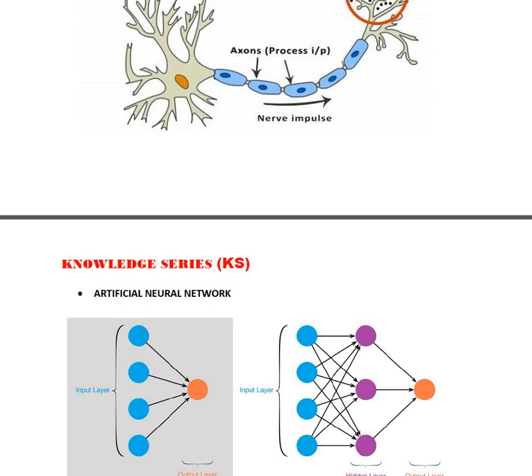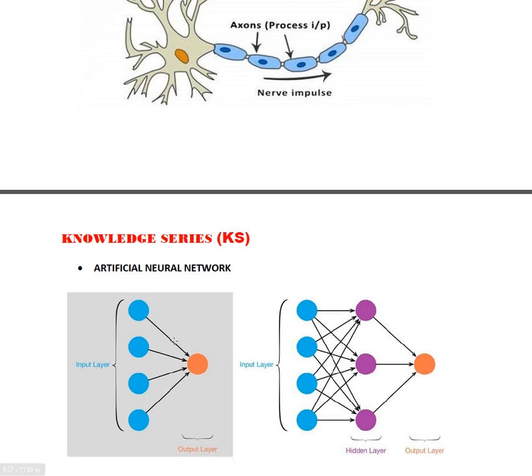In the action, we give it to the output, and at the output point the synapse is going to trigger the output. And when we talk about this particular node with multiple nodes, we term it an input layer, and this is the output layer. So this is known as the artificial neural network.